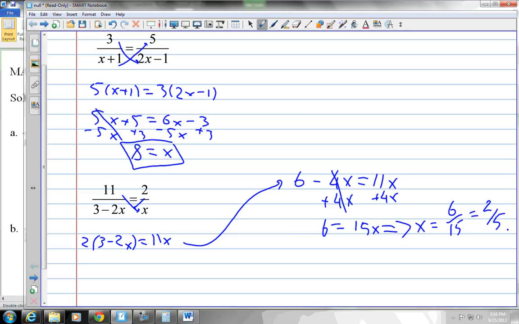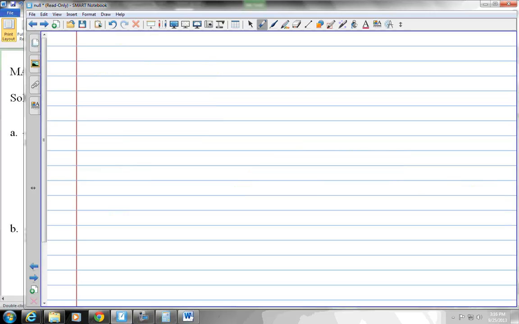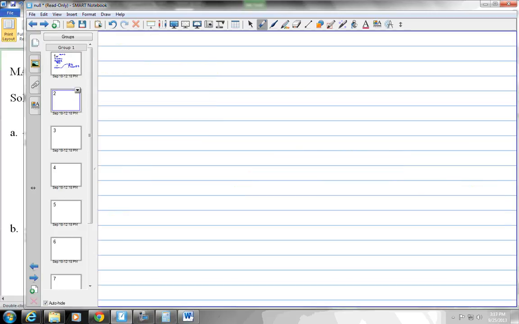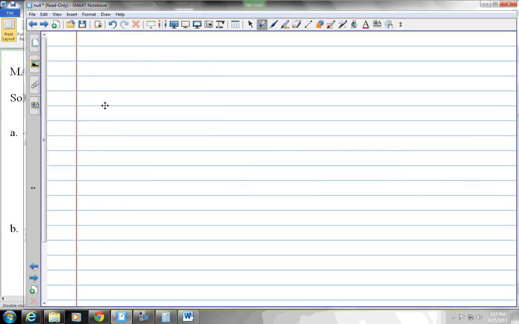So we started talking about graphs on Monday, and there's a very special type of graph we're going to focus on: the equation of a line, and just linear equations with two variables.